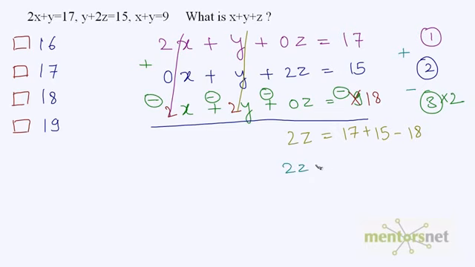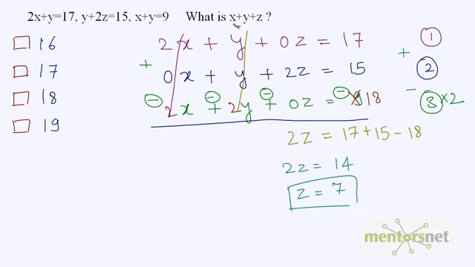So 2z is equal to 17 minus 18 is minus 1, minus 1 plus 15, that is 15 minus 1 is 14. Therefore z is equal to 14 divided by 2 is 7. So you have the value of z as 7.